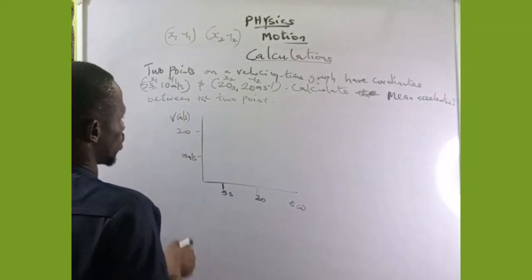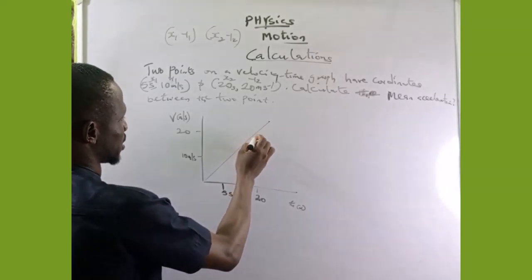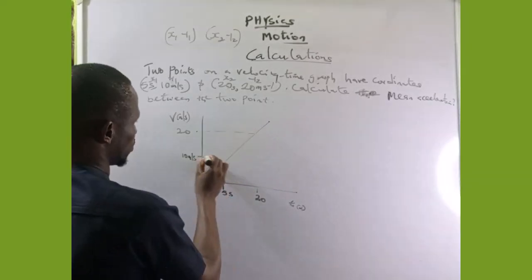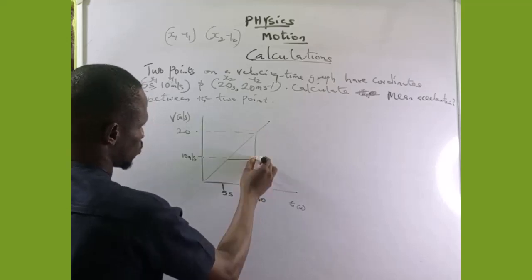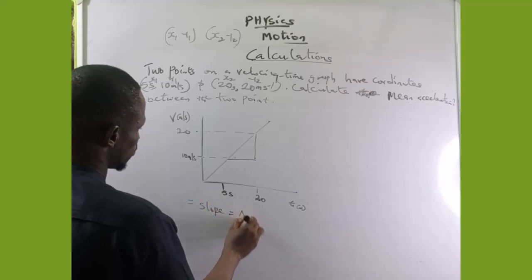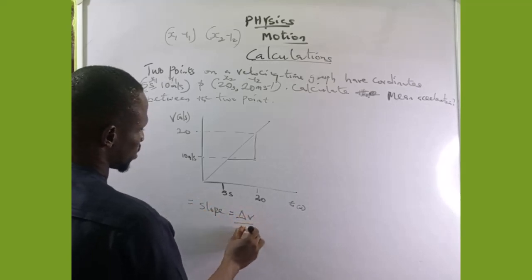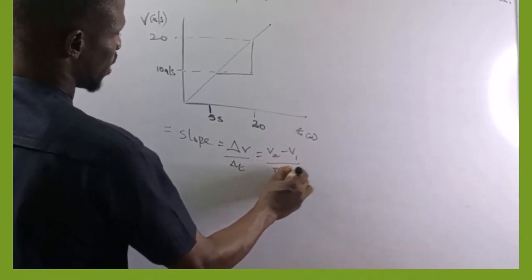So now, the slope of this graph, which is the acceleration. I'm going to determine the slope from here. So the slope is going to be what? Change in velocity over change in time, is it not? V2 minus V1 over T2 minus T1.